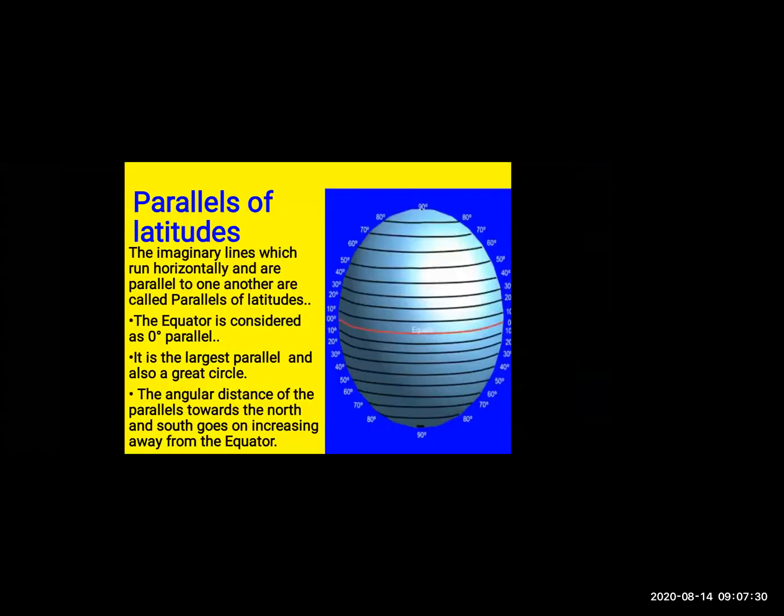The next concept that we have learned is parallels of latitude. Parallels of latitude are the imaginary lines which run horizontally and parallel to one another. See students, about meridians we have learned that these are the vertical lines, but the parallels are the horizontal lines, and these lines are parallel to each other.